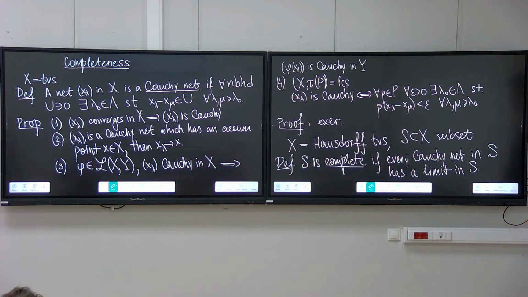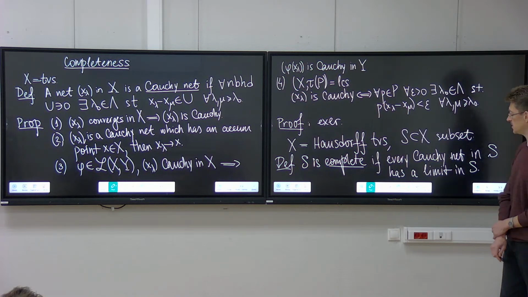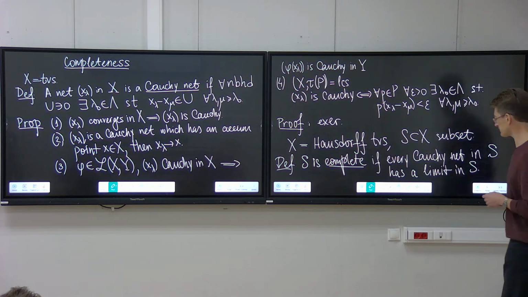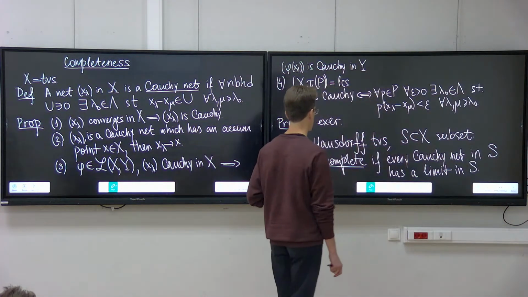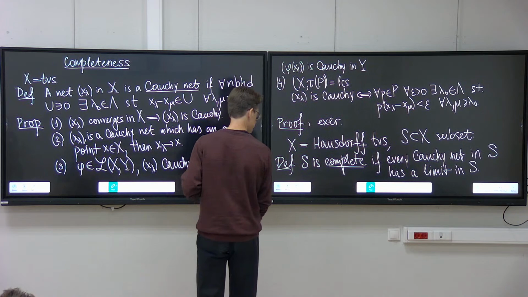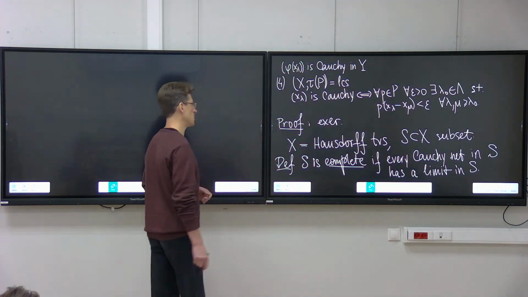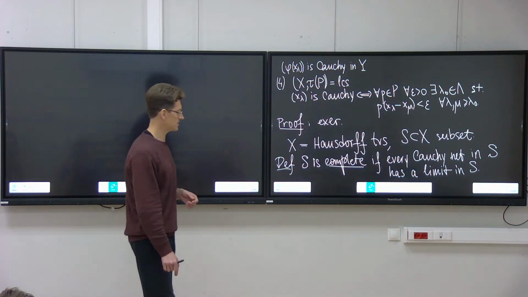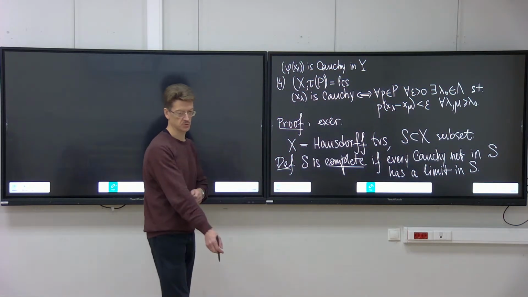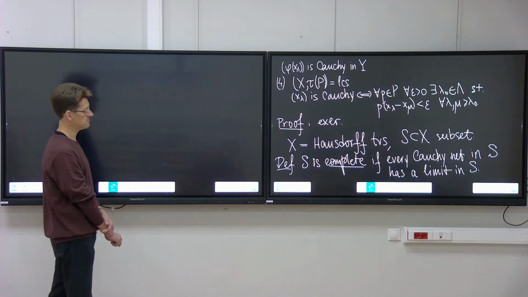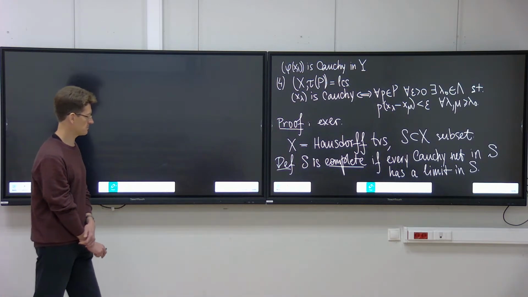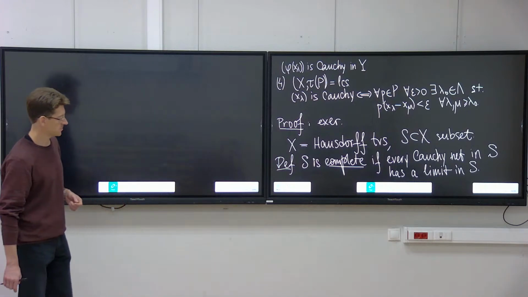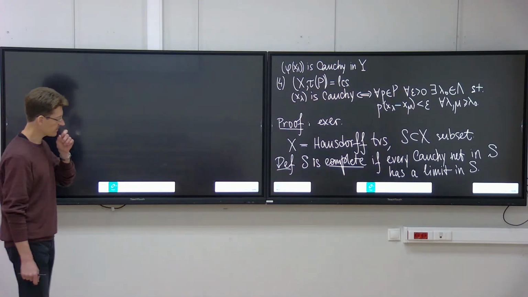So if we want to prove the existence of a completion, then we must require X to be Hausdorff. Okay. Of course, you know what a complete metric space is. So the natural question is how these two types of completeness are related to each other. I mean, completeness for metric spaces and completeness for subsets of topological vector spaces. Well, I will try to answer in a few minutes.